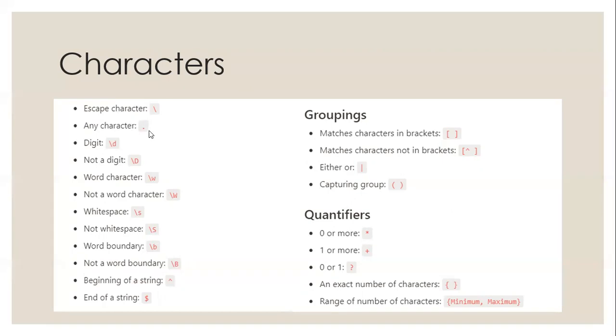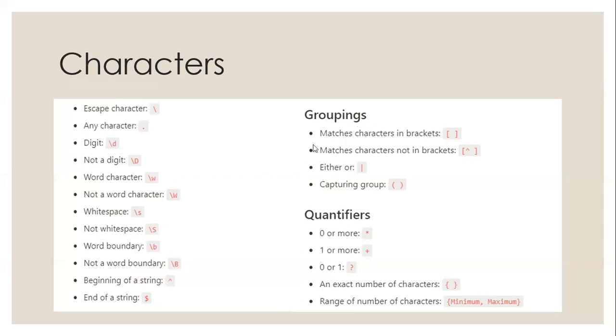And talking about dot, a simple dot is any character in the string, it will match with any character. Small d means any digit, and capital D means anything except a digit. Similarly, small w is a word character, and capital W is not a word character. Small s is a white space, capital S is not a white space, and so on.